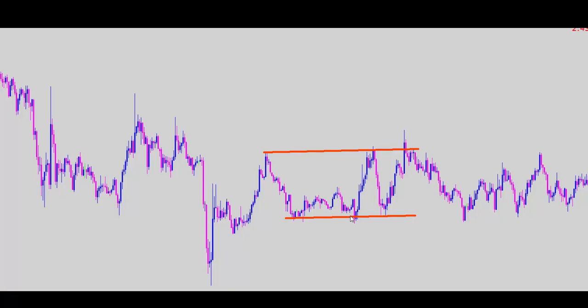There is one requirement for making a resistance line or a support line: we need at least 2 resistance levels or 2 support levels. When we have more, there are more chances for price reversal, but 2 will also have an impact of price reversal.